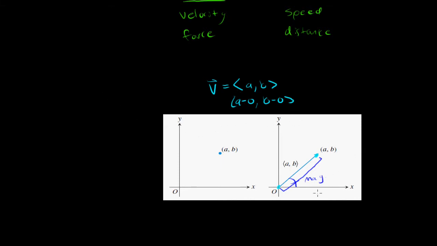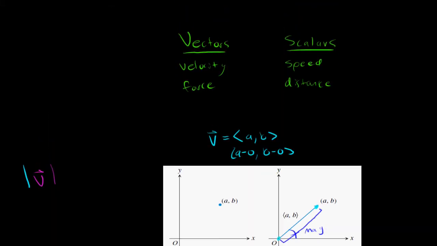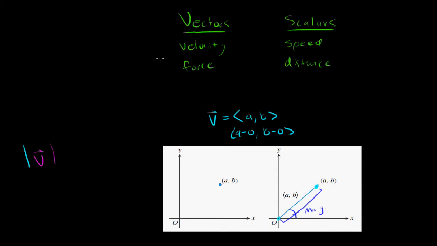So if we were actually going to try to measure how long this magnitude is, we'd be utilizing the absolute value of the vector. So let me do a different color. So we'd have the absolute value of vector V. And for those of you who are familiar with physics or have taken this class, wink wink, we'd know that we can figure out the speed of an object by figuring out the absolute value of the velocity of that object.